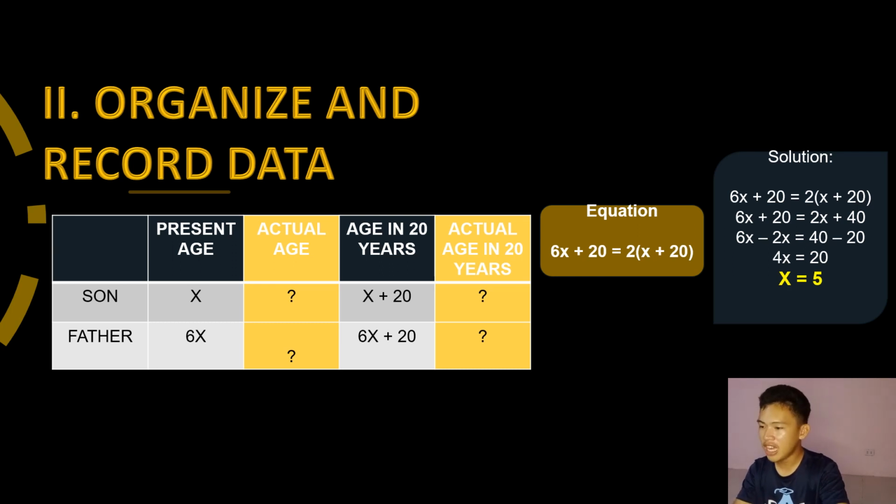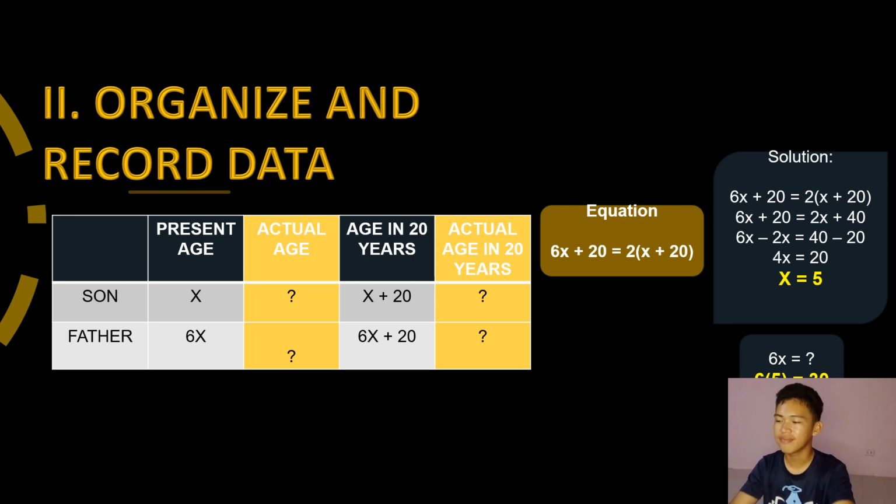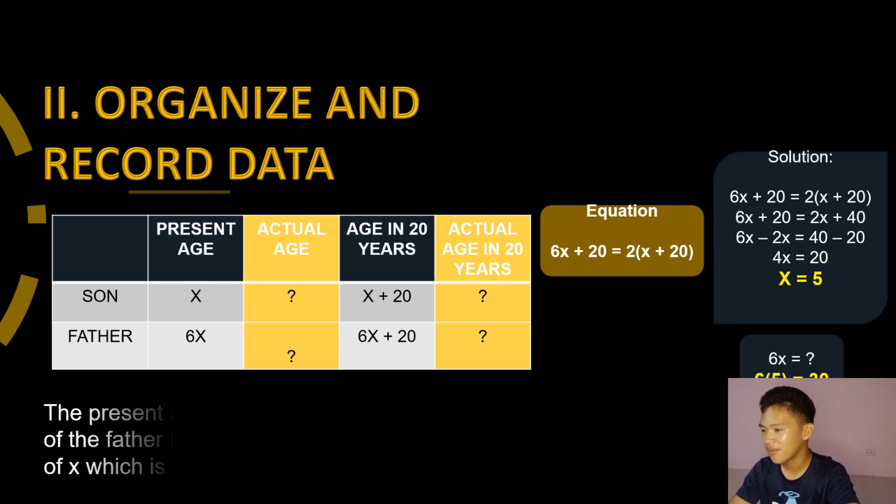So the present age of the son is 5 years old, and the father's present age is 30, because 6 times 5 is 30. Do you get it? All right.